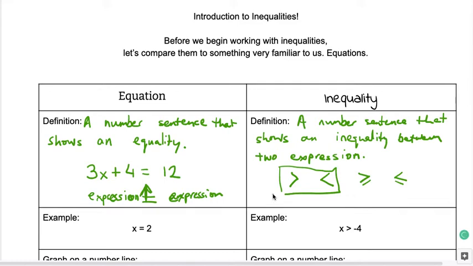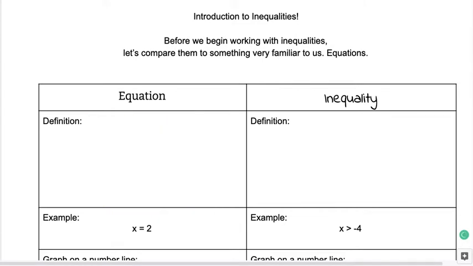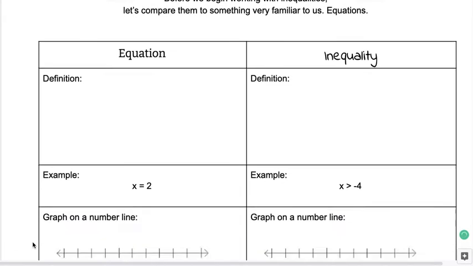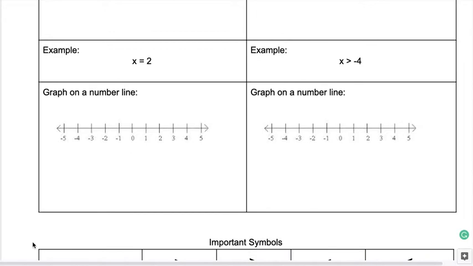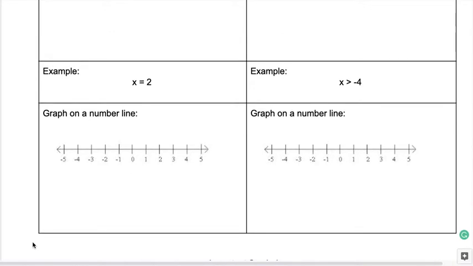Okay, so let's take a look at what that means when we graph some of these examples on number lines. Our examples here are x equals 2 and x is greater than -4. x equals 2 is quite simple. All we have to do is put a closed dot right on 2.